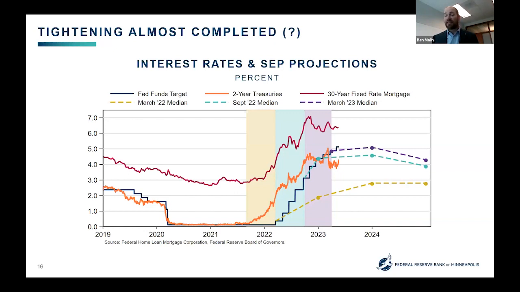And this is an active area of debate amongst policymakers, amongst academic economists, amongst watchers of how monetary policy affects the economy.